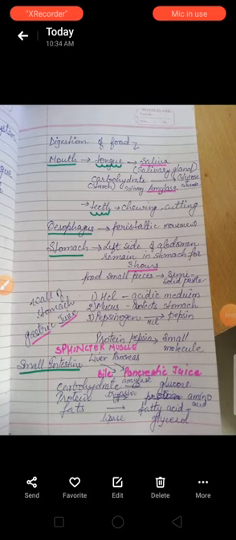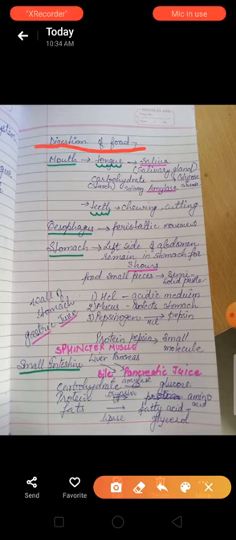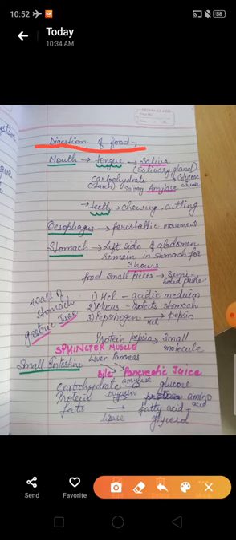Yes. Now we studied about the alimentary canal. Now how exactly does the food get digested?